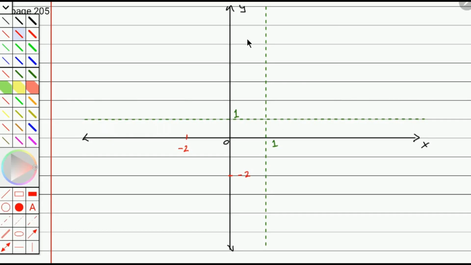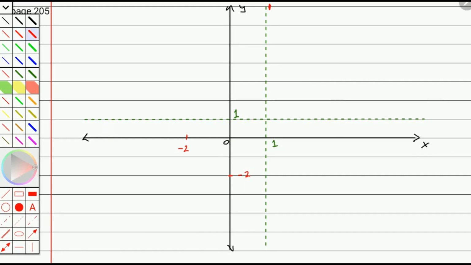So there are no extreme points nor inflection points, but we know that the concavity to the right side of positive 1 is going to be upwards, and the concavity on the left side is going to be downwards. So the graph is going to be like this.